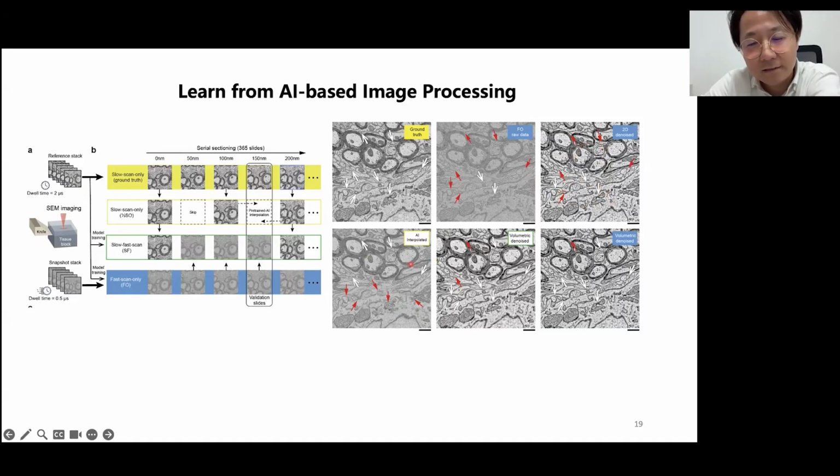And then this is the AI-based interpolation. There are some structures, for example here the mitochondria, right? If you compare to the raw data, the mitochondria get wrongly predicted due to the continuity between 2 slices.